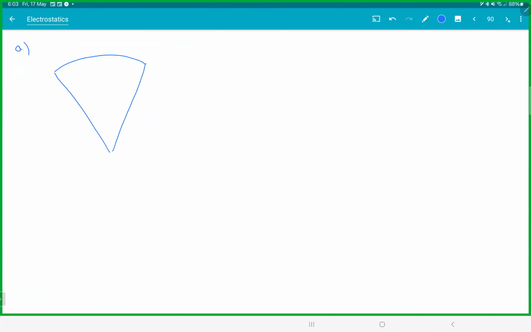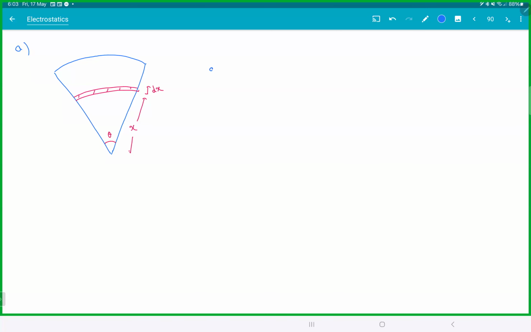The sector is easy actually. So we have a sector. We take a thin arc at a distance x, angle theta, and the thickness is dx.